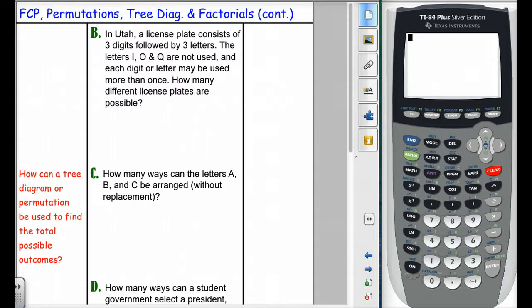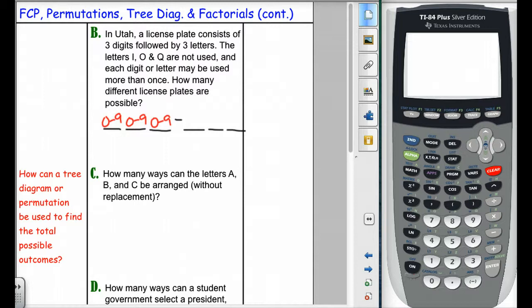So what I like to do is look at it and say, well, I've got 3 digits followed by 3 letters, and that's a hyphen, not a minus sign. And when I look at this, I say, well, I can use any digits. Remember, you can use 0, so that means 0 through 9, 0 through 9, 0 through 9.